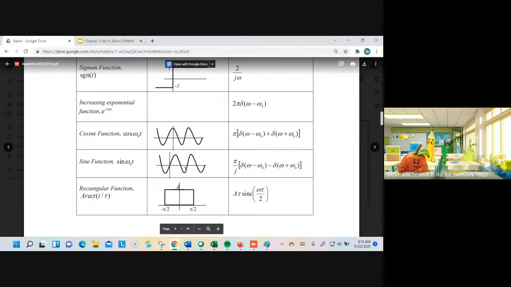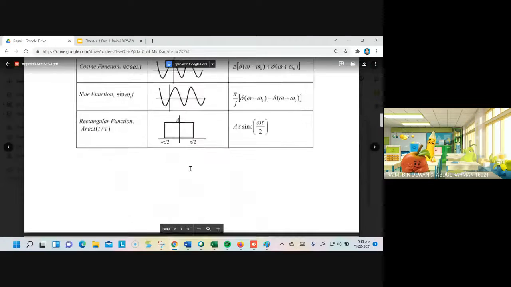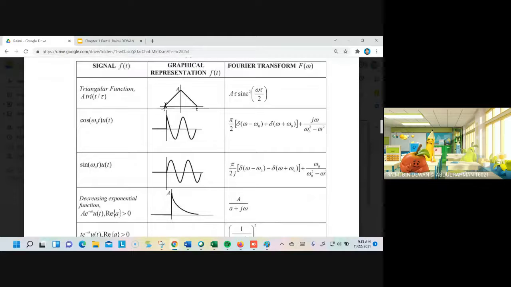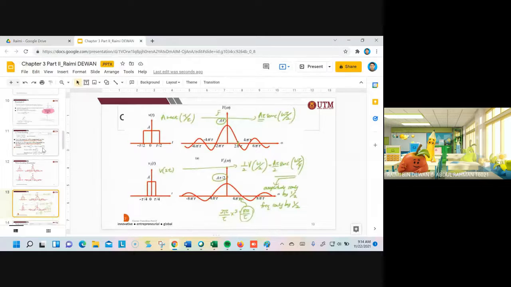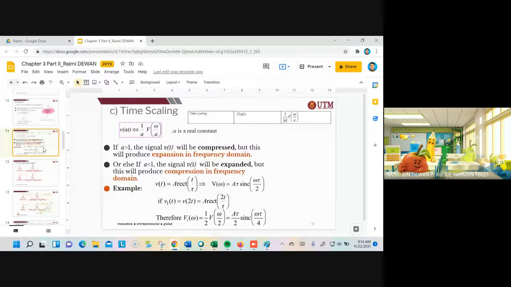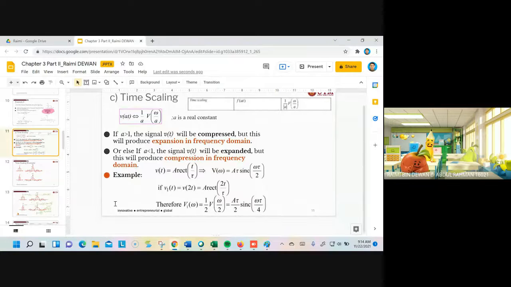You can get different kinds of questions, for example this one. You need to know the A first, and then you change accordingly inside.